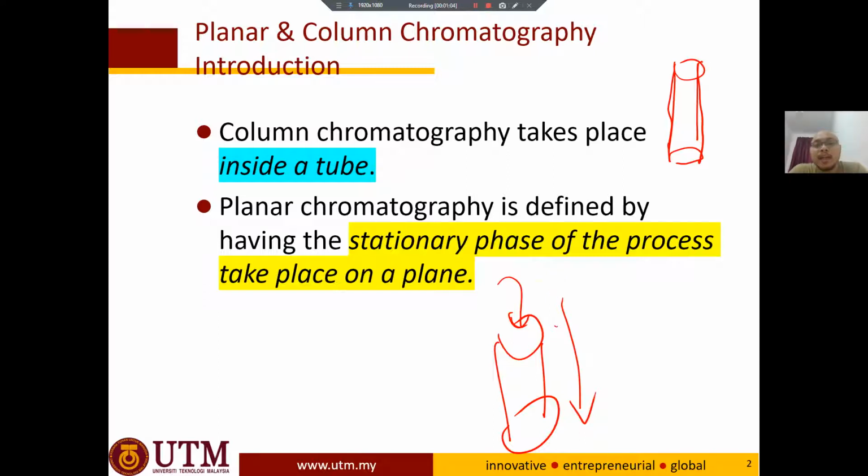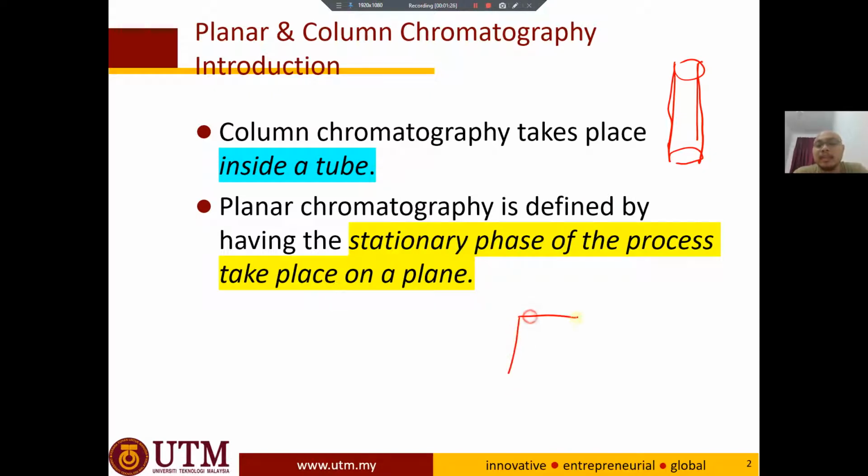The second one is planar chromatography. Planar chromatography is defined by having the stationary phase of the process take place on a plane. So the keyword here is stationary phase of the chromatography or separation taking place on a plane. What is meant by plane?